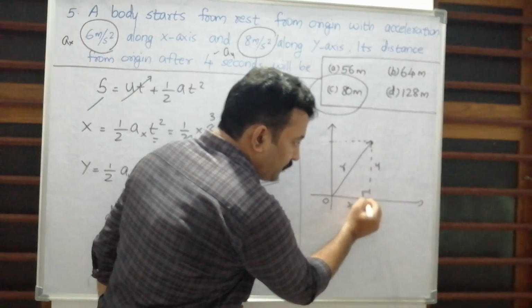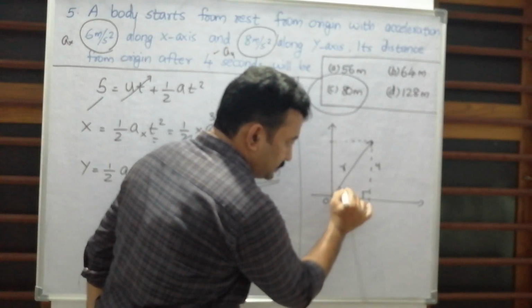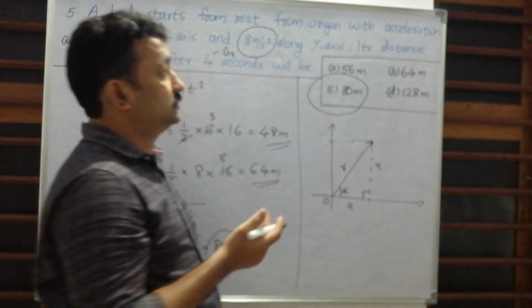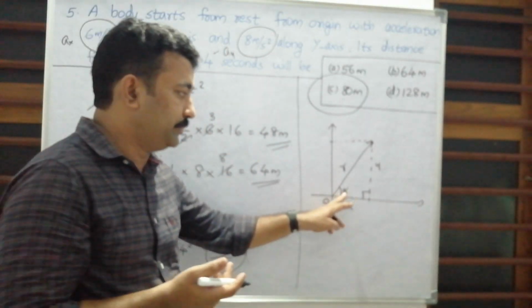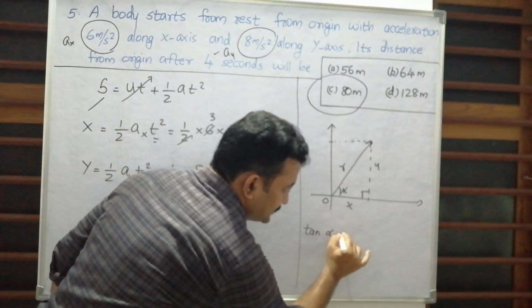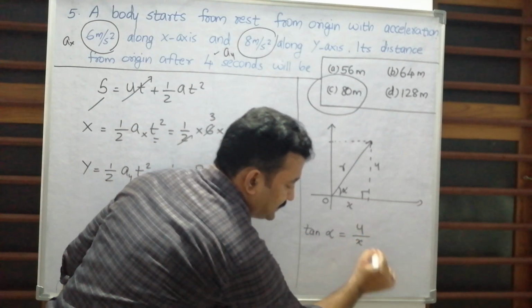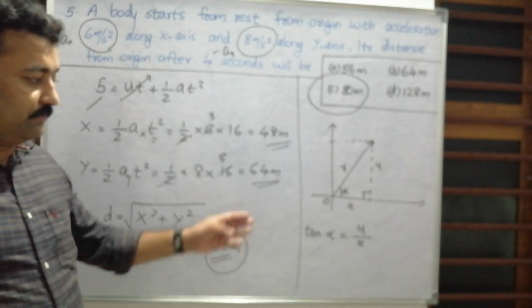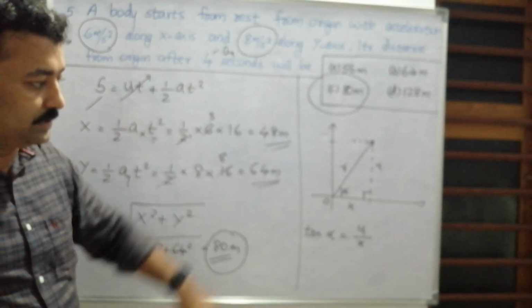Suppose you have to find the angle subtended, because to find the displacement you have to mention the angle. What will be tan alpha as per the vector analysis? All of you know that it is y by x, where alpha is the angle made with x-axis.